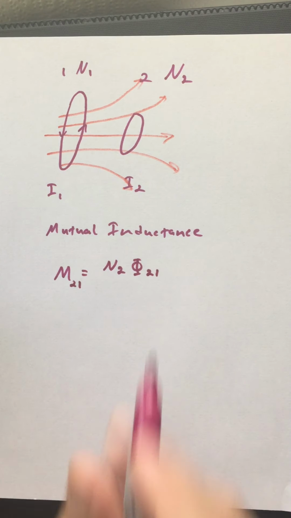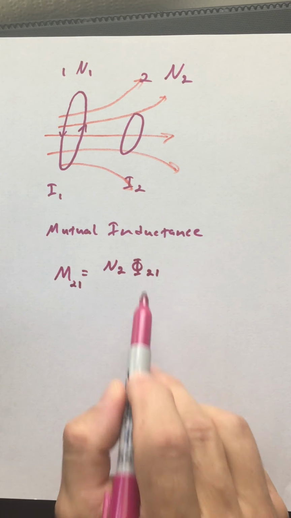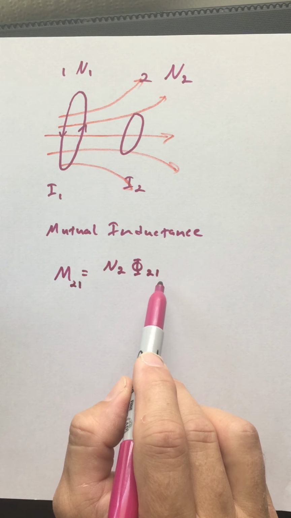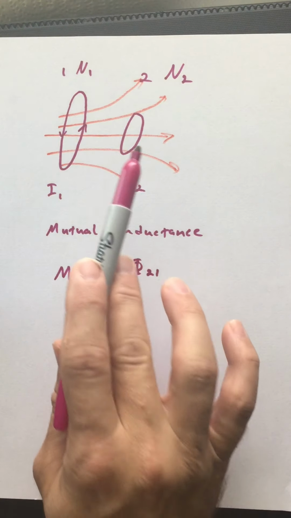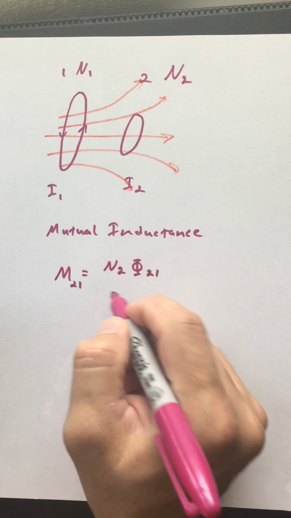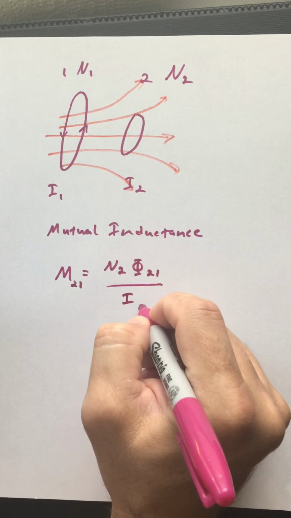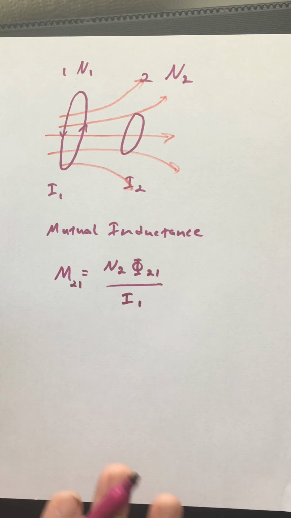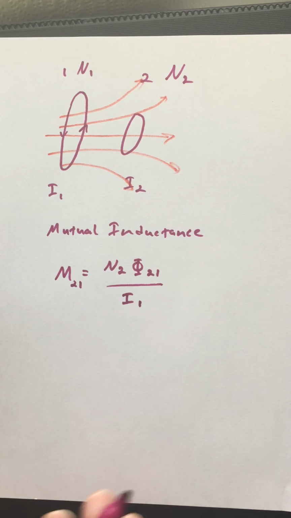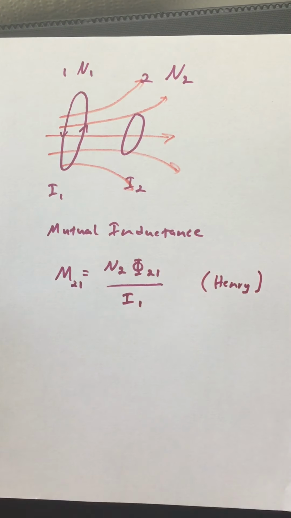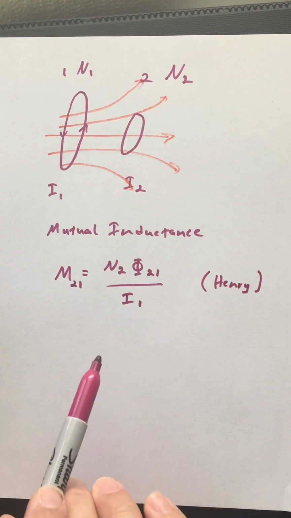That's what the order of subscripts means: the flux through coil 2 due to coil 1. That is, there's a current in 1 producing a magnetic field which is passing through 2. This is the definition of mutual inductance. I should point out the unit of this is the Henry, after a physicist who discovered EMF independent of Faraday. But the units are Henrys.